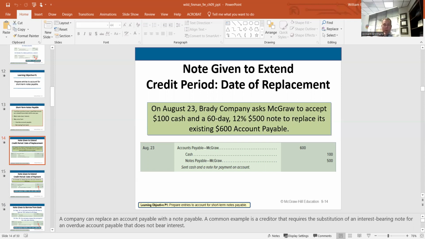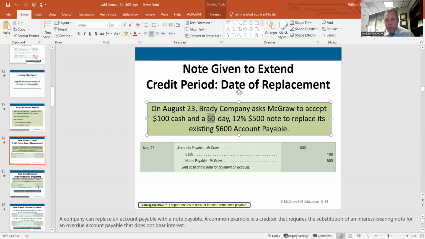So let's look at that. If I've got a 12% note, keep in mind the formula for interest is going to be principal times rate times time. So again, this is your principal right here. This is your rate, and this is 60 days. When you're calculating interest, you're going to assume the number of days divided by 360.